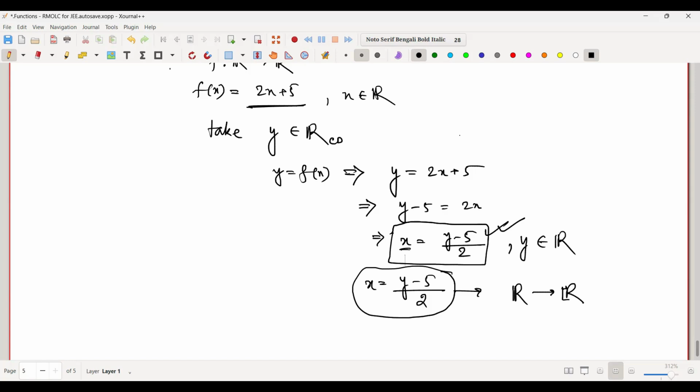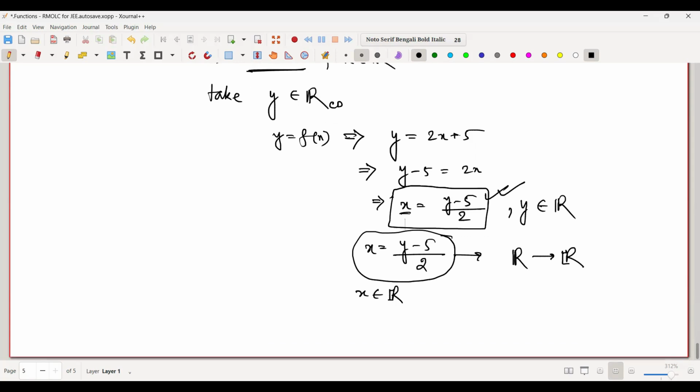So this is why in class 11 there was so much exercise to find the codomain, domain, and range of functions. So x equals (y minus 5) by 2. If we put any real number in place of y, we will get a real number, that is x. That means (y minus 5) by 2 is a real number, so x belongs to the real numbers.